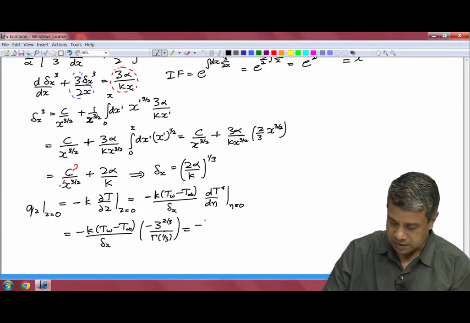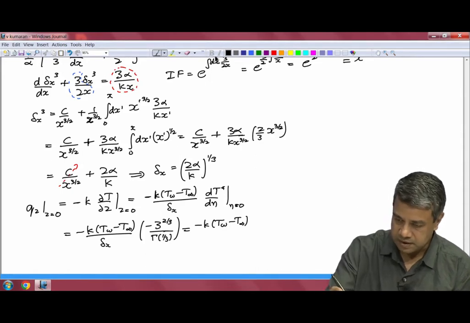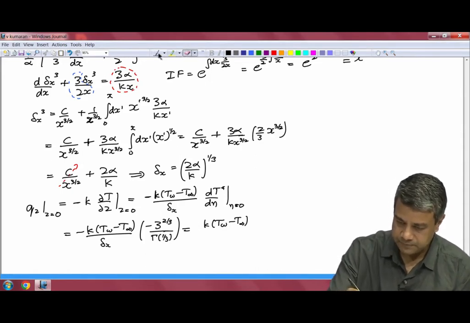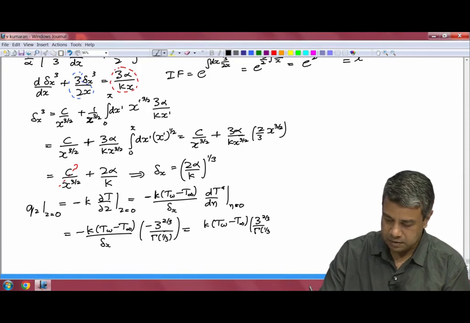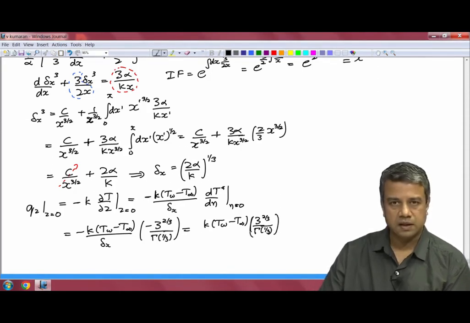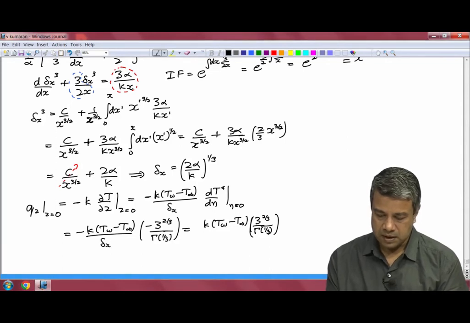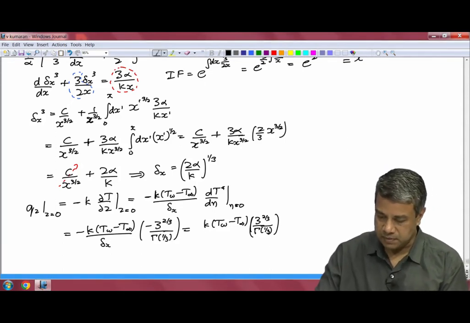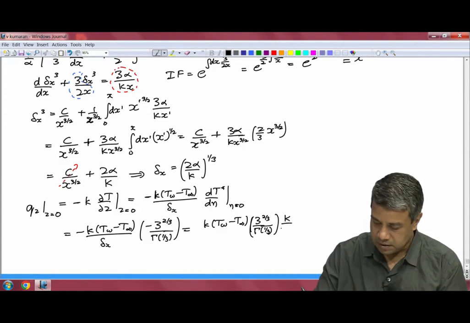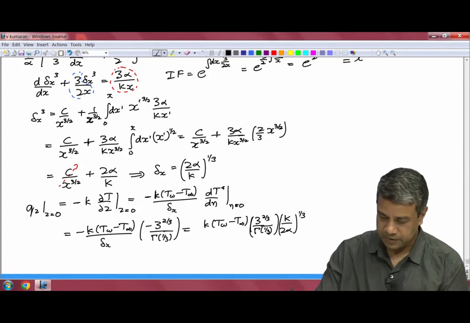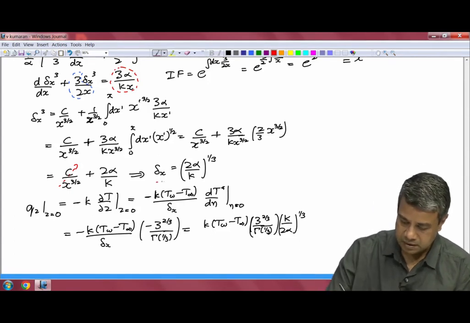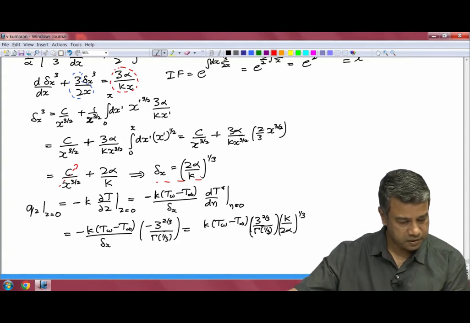So, it is equal to minus k into T_w minus T_infinity. The minus and minus will give me a plus. Into 3 power 2 by 3 by gamma of 1/3. The gamma function I had discussed with you, times 1 over delta, which will basically be k by 2 alpha, whole power 1/3, because delta x is given by this constant value, k by 2 alpha power 1/3.